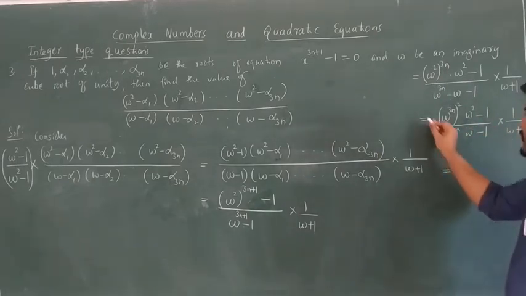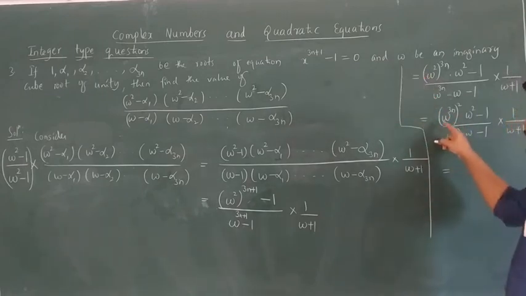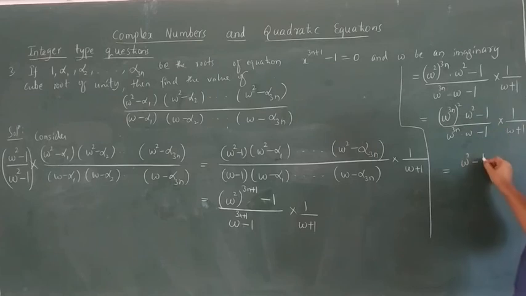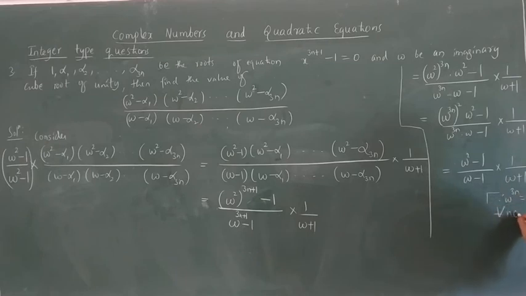Utilizing this expression we can simply write this as: we know that ω to the power 3n is equal to 1, so 1 squared into (ω² − 1), divided by 1 into (ω − 1), multiplied with 1 divided by (ω + 1), because ω to the power 3n is equal to 1 for all n belonging to the set of natural numbers.